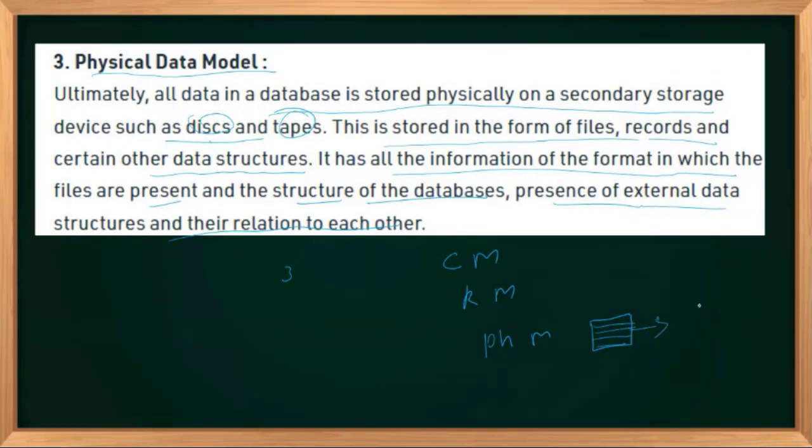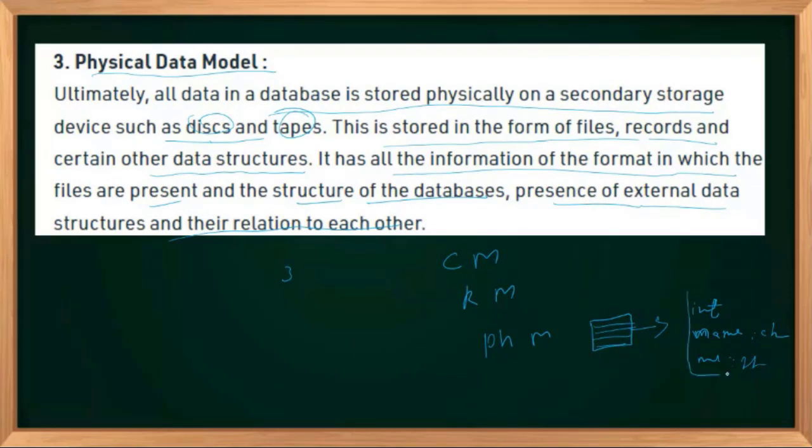We know that numbers can be stored by using integers. Names can be stored by using characters. Marks can be stored as floating point.